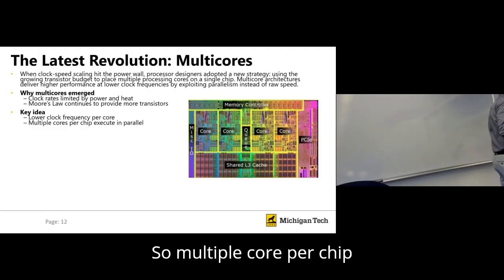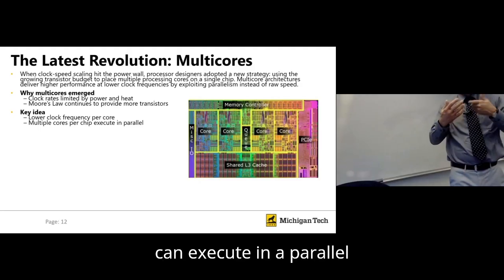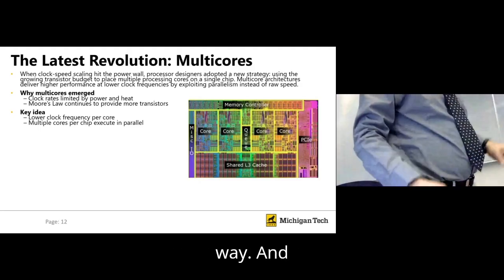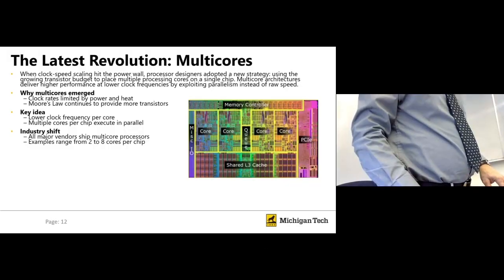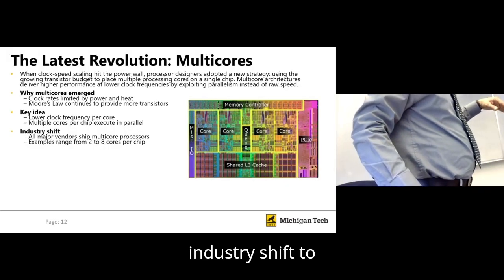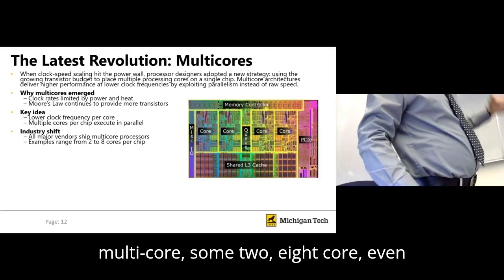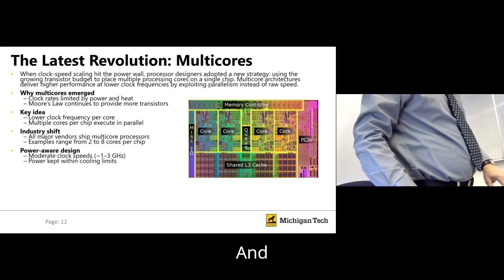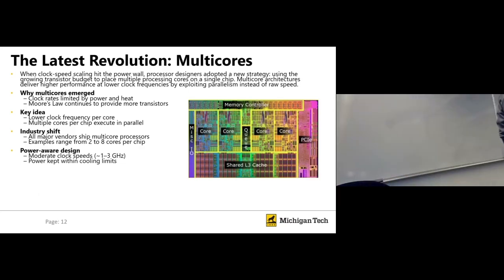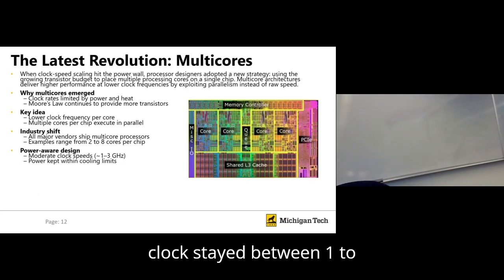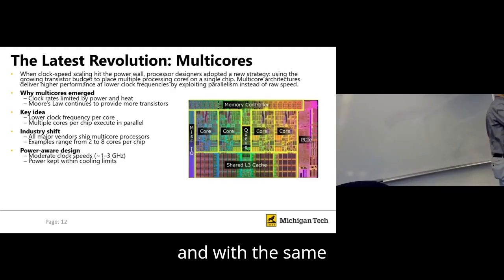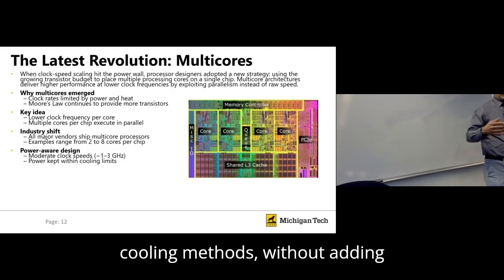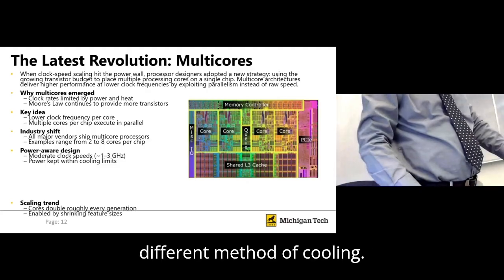So multiple cores per chip can execute in a parallel way. The industry shifted to multi-core, with some CPUs having 2, 8, even 100 cores. And the clock stayed at about 1 to 3 gigahertz maximum, with the same cooling methods, without adding a different method of cooling.